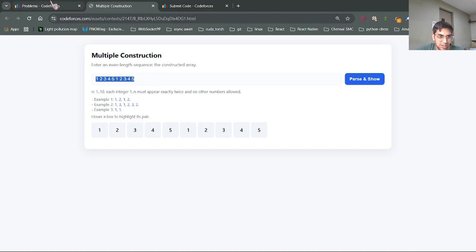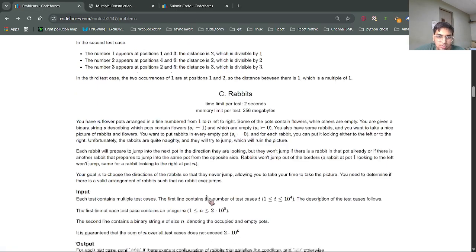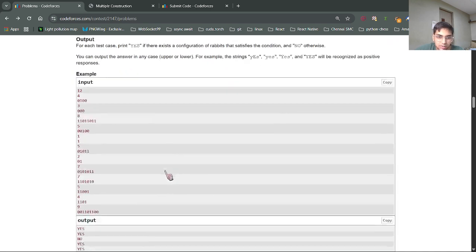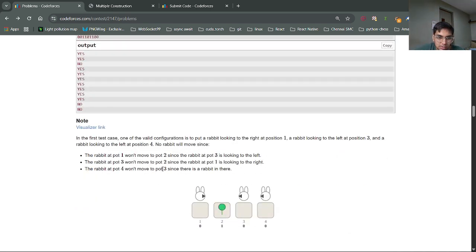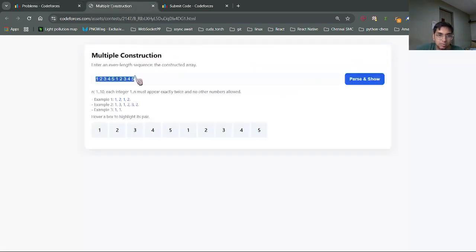I'm able to make it, but it's not deterministically following. How do I?